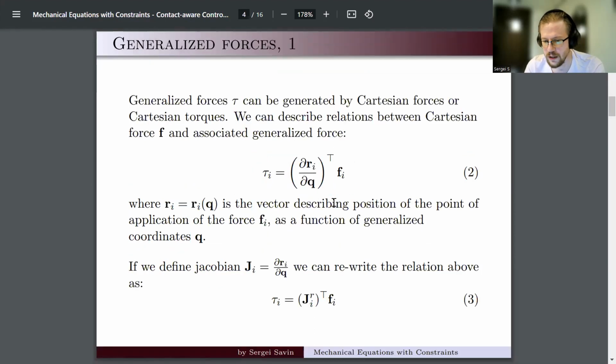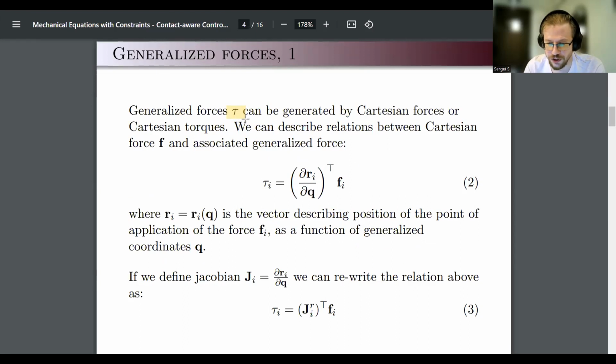Okay. Now, generalized forces. Generalized forces, tau, can be generated by Cartesian forces or Cartesian torques. What do I mean by Cartesian forces or Cartesian torques? Well, imagine you have, for example, a box that weighs 1 kilogram.